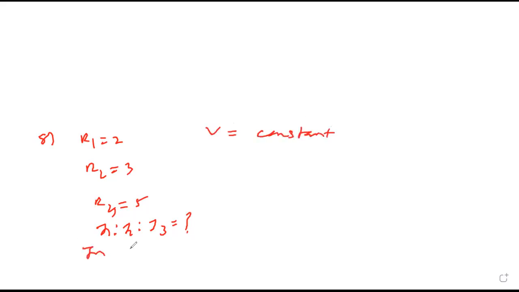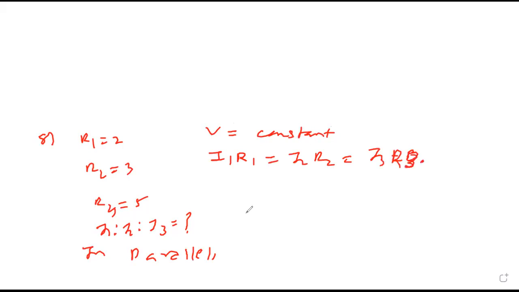Voltage is constant in parallel. So I can say I1 R1 will be I2 R2 will be I3 R3, no? Yes, because voltage is IR.